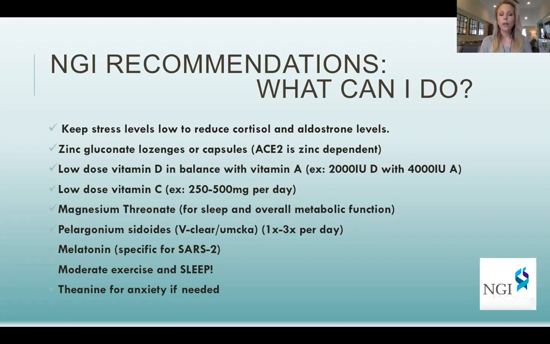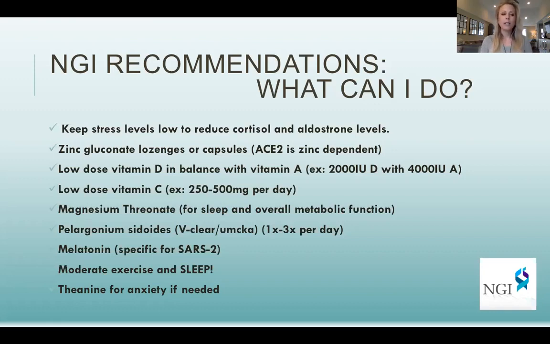V-Clear or UMCA, we've talked about this a lot too, is also an antiviral that has some pretty good research backing it. So something to certainly look into, and if you can find it, stock up on it like we all have. Melatonin is really fascinating too, and this is specific to this virus.